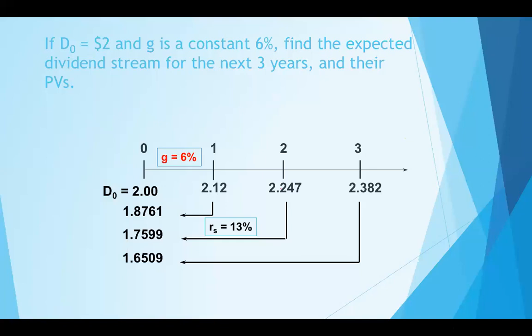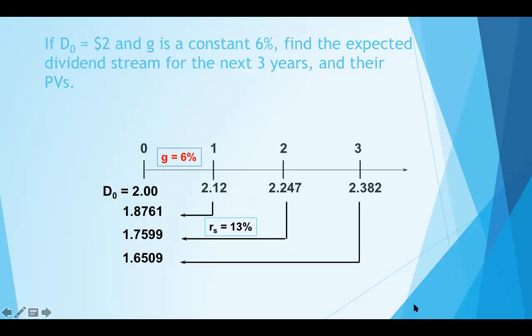Right? So I guess everyone can see in the chat box. So this is equal to 2.12. Right? And the following years, of course, D2 should be 1.06 times more than D1.